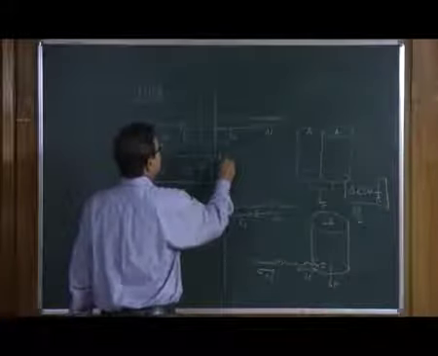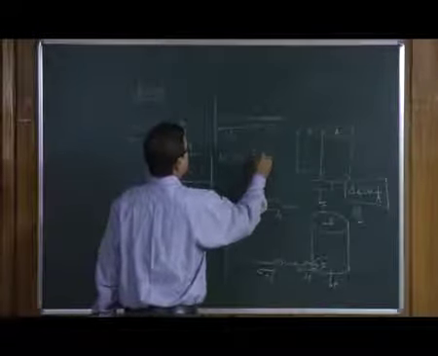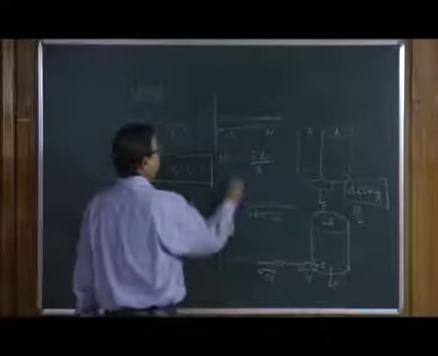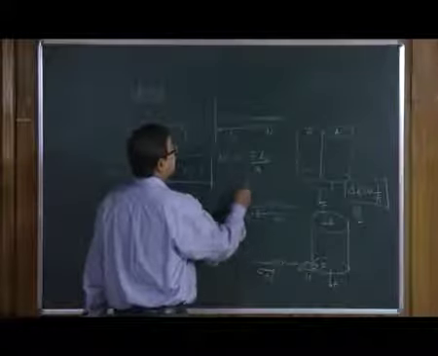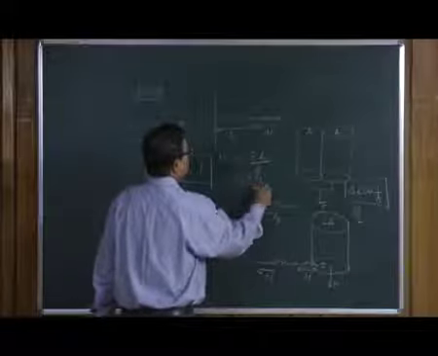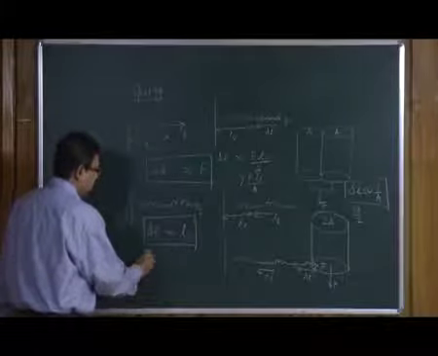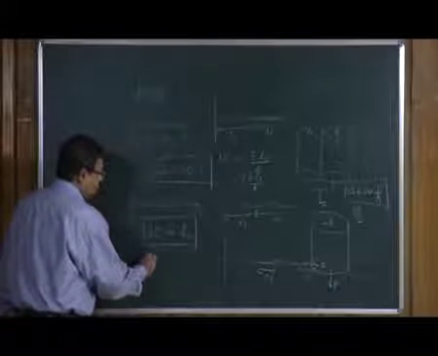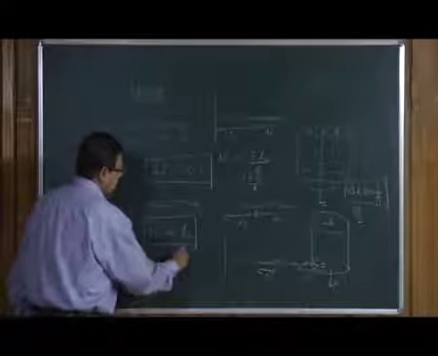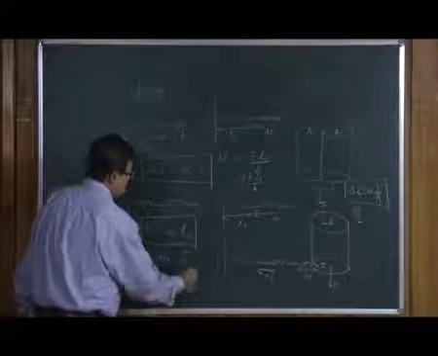delta L is proportional to F, is proportional to L0, is inversely proportional to A, and again as said earlier, the proportionality constant is called the Young's modulus, and we can write down this very familiar form, which is Y equal to F by A divided by delta L by L0.